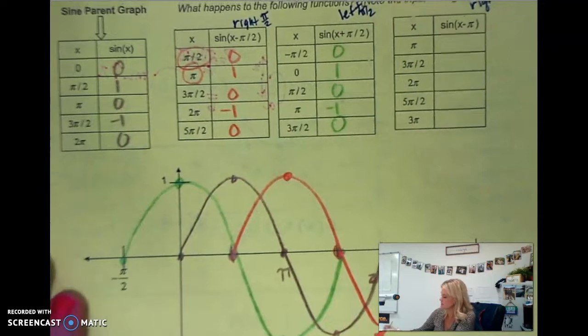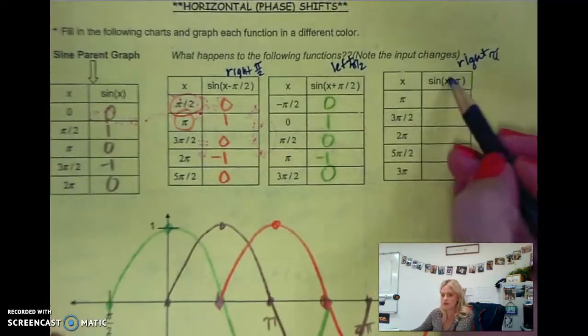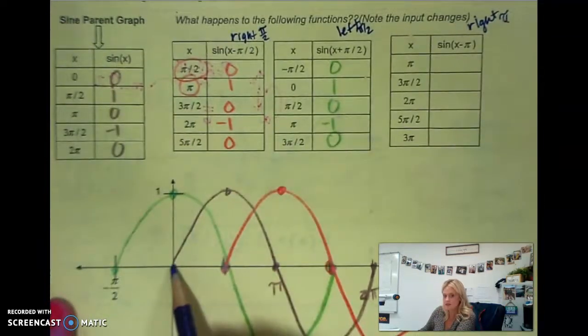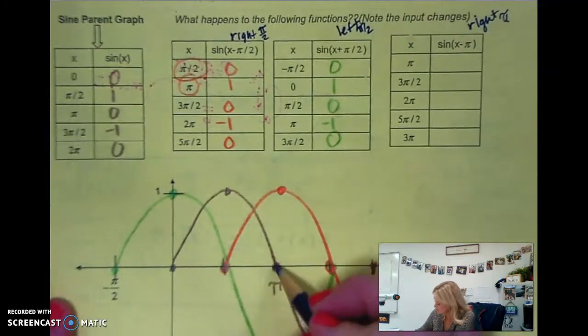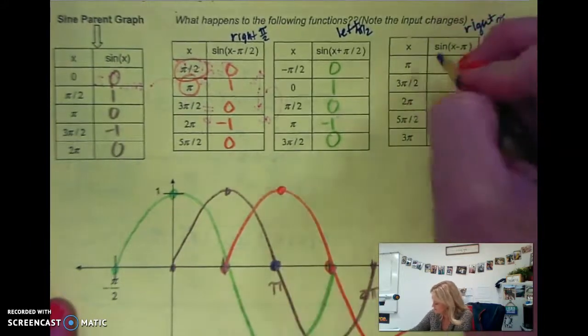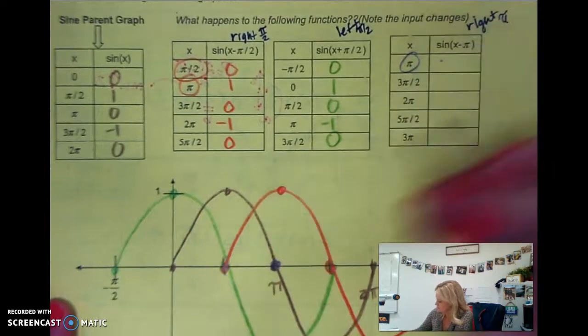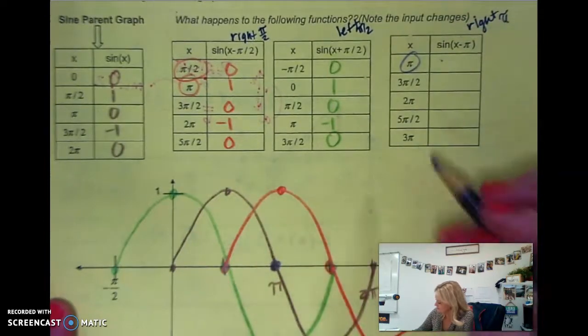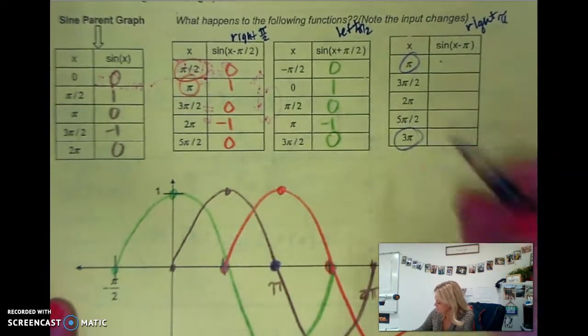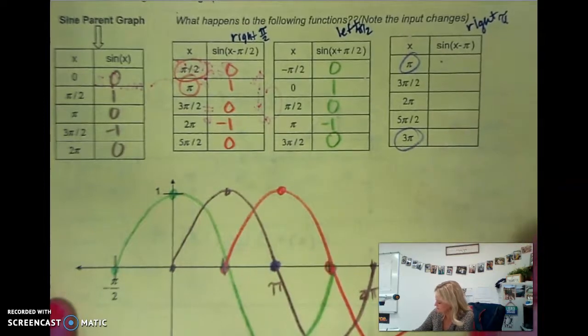This last one is shifting to the right a full pi. So if I'm normally at 0 and I'm going to the right a full pi, I'm starting at pi. And everything else is going to end a full pi later.